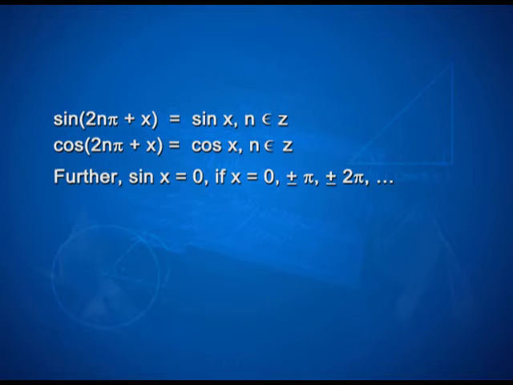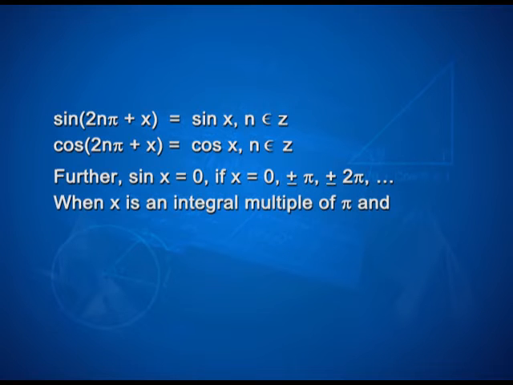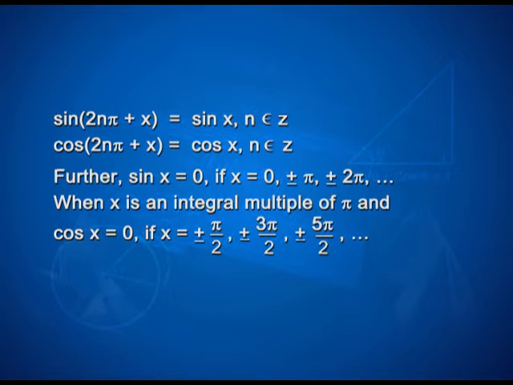Further, sin x is equal to 0 if x is equal to 0, plus or minus pi, plus or minus 2 pi, plus or minus 3 pi and so on, when x is an integral multiple of pi, and cos x is equal to 0 if x is equal to plus or minus pi by 2, plus or minus 3 pi by 2, plus or minus 5 pi by 2 and so on.